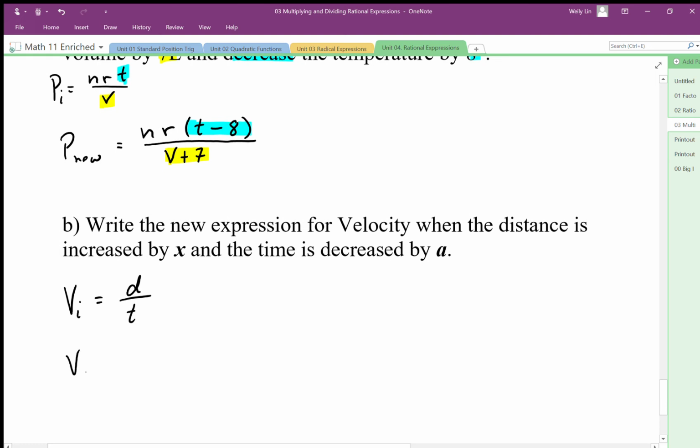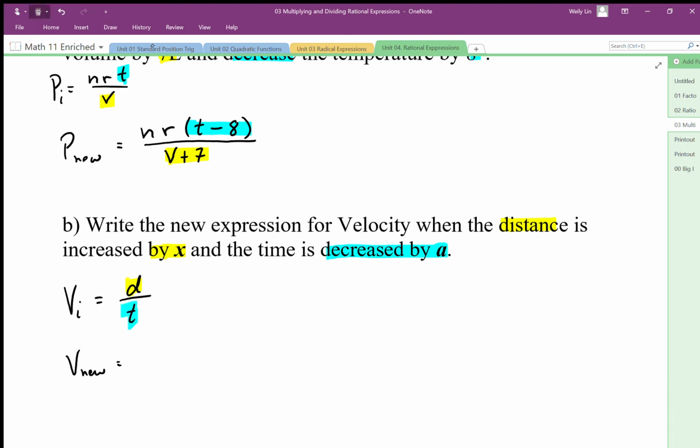My new velocity is when I increase the distance by x and decrease my time by a. If I go farther in a shorter time, my velocity is going to end up being greater.